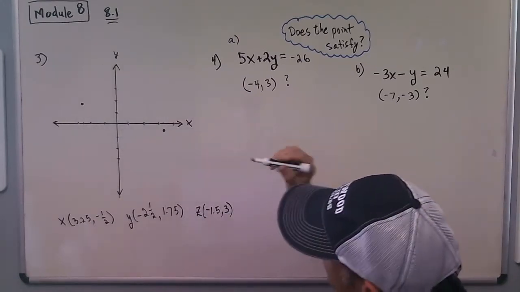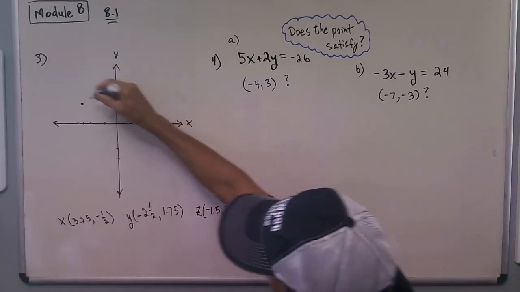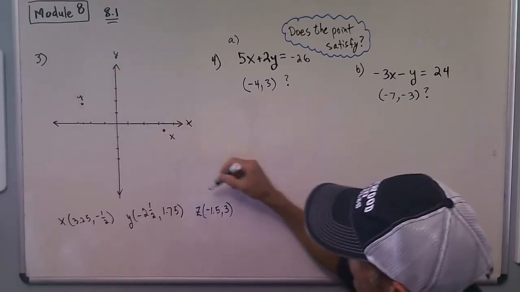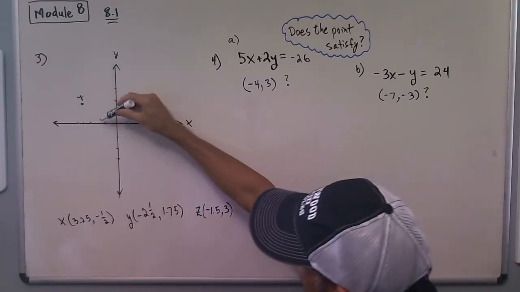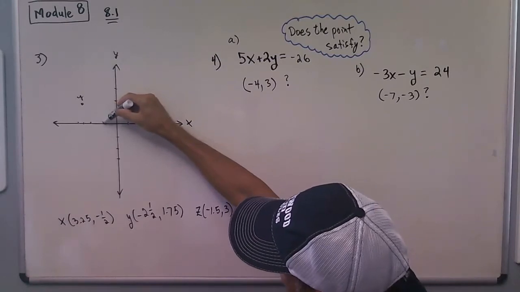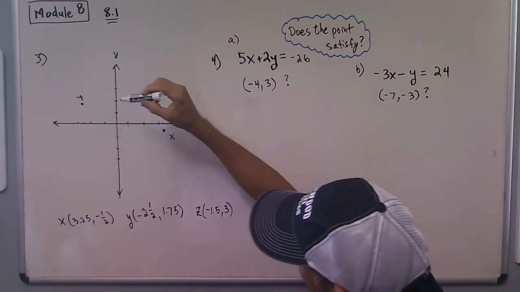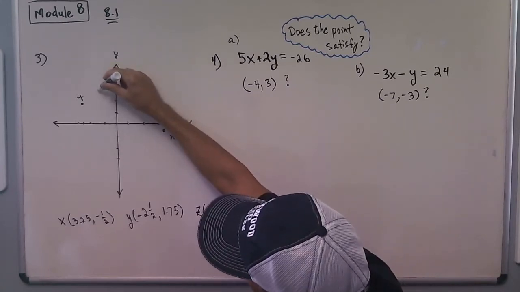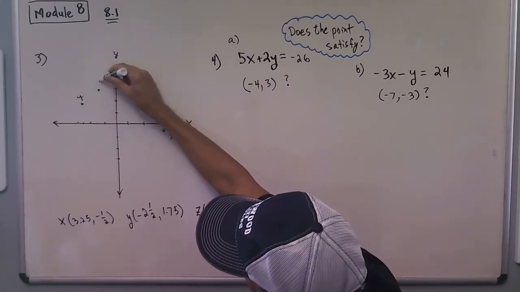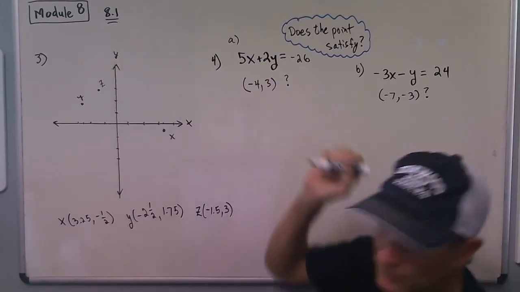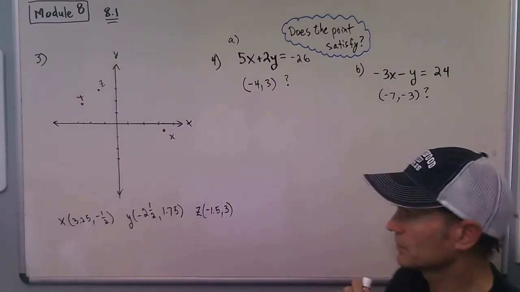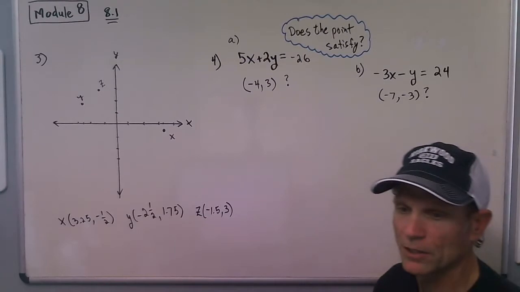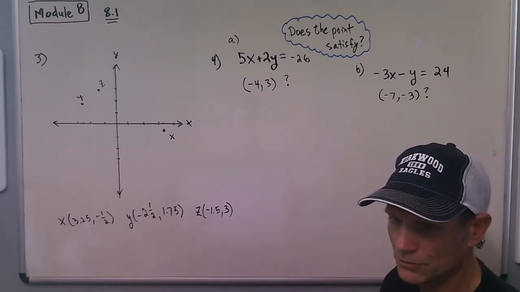So this will be x, y, and then for z, we have -1.5. This is -1, there's -1.5, and then up 3, so it's going to be right about here. Like I said, there are lots of videos on YouTube on how to do this, and the Hawk videos are pretty useful also.